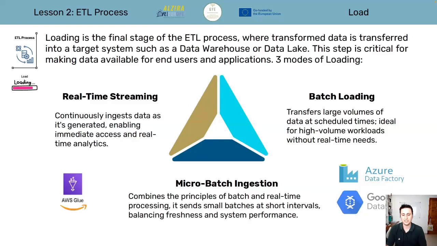So it's sending small batches at short intervals, balancing the system performance and the freshness of data, because batch loading is better for system performance as it consumes fewer resources, but you are missing the power of real-time data. So this is an intermediate model that is quite interesting to deploy.